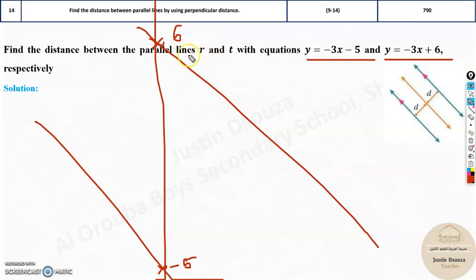Now, whenever they say distance, it's not just any distance, it's the shortest distance or the perpendicular distance. Always the perpendicular distance between the two lines would be the shortest distance.